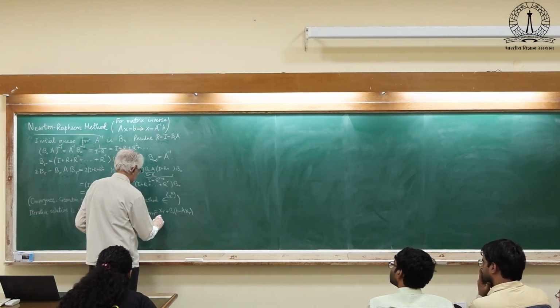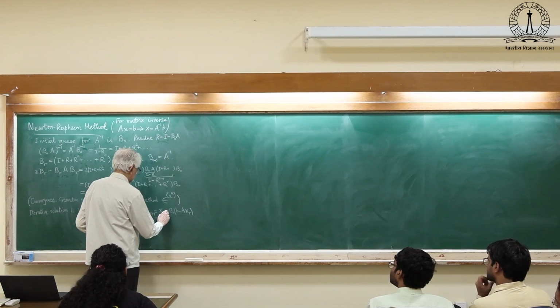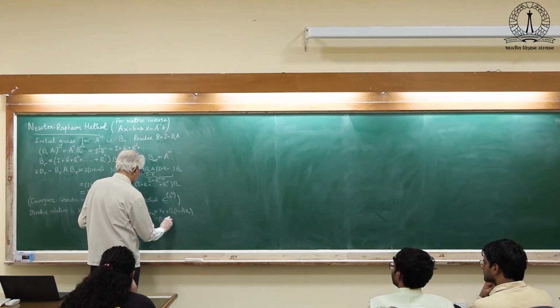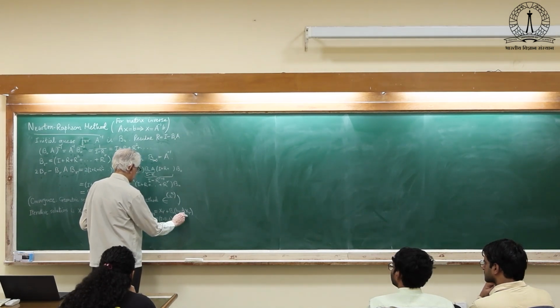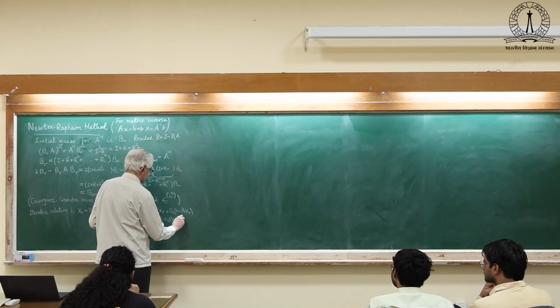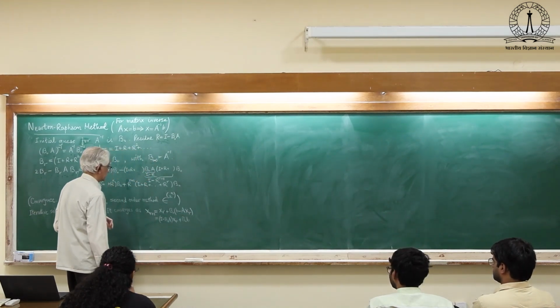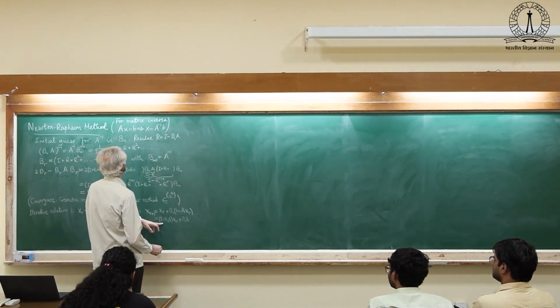So x_r plus 1 is this and this plus B_0 b, and what is this quantity?